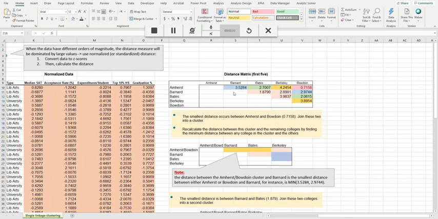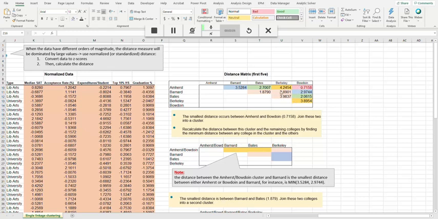The next step is looking at these distances and finding the minimum distance, meaning find the closest pair and merge those pair together. So we'll look at this table and we see that 0.7 is the closest distance. So it means that in the next iteration, we will merge Amherst and Bowdoin in one cluster, and then we look at the distance between this cluster and other pairwise data points that we have.